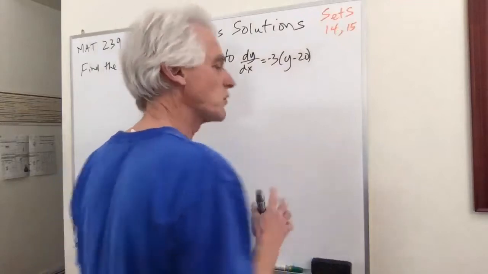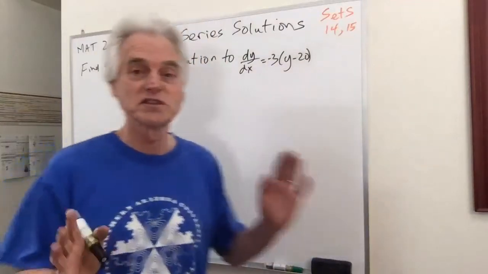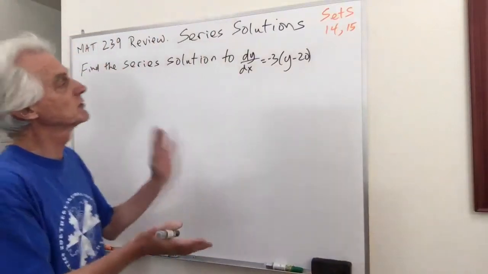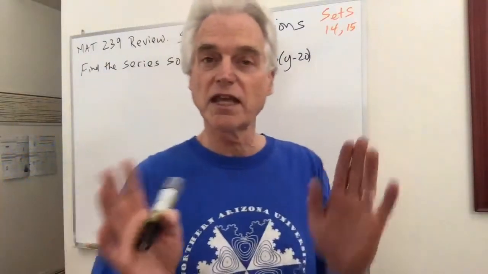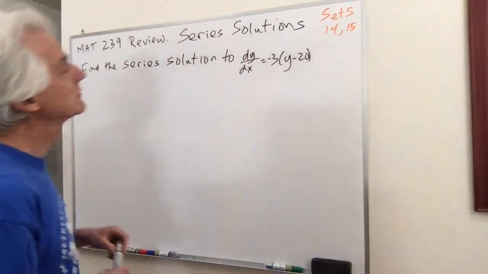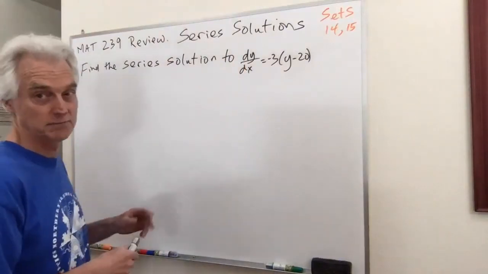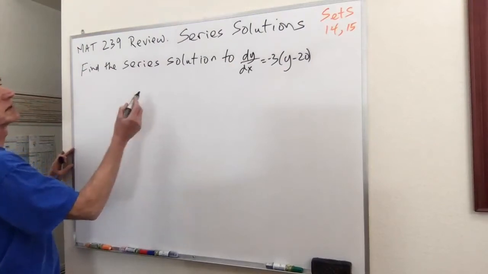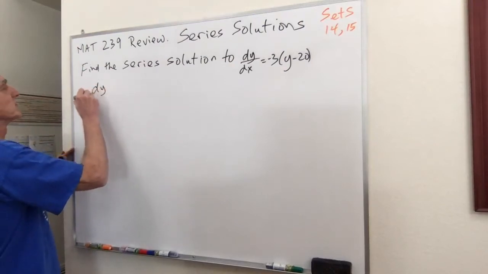This is a first order, and it's non-homogeneous, so it's a little bit different from most of the ones we've done, but it's the same technique, really. All right, so let's start by writing this in standard form. We've done this before.